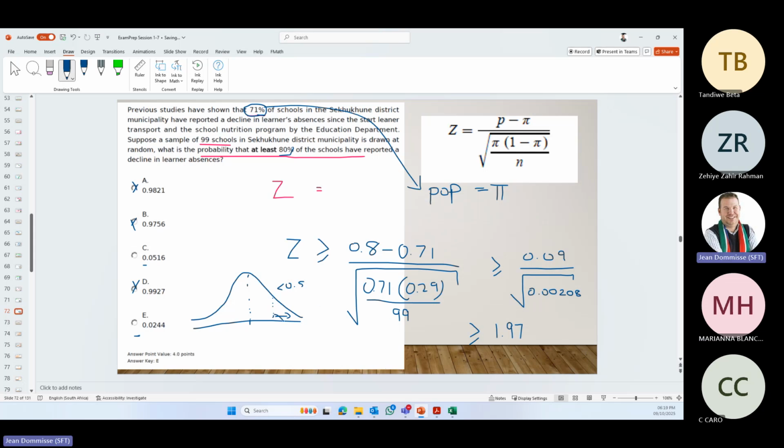Okay, so your probability is here going to be Z bigger than 1.97. I hope I worked it out correctly.